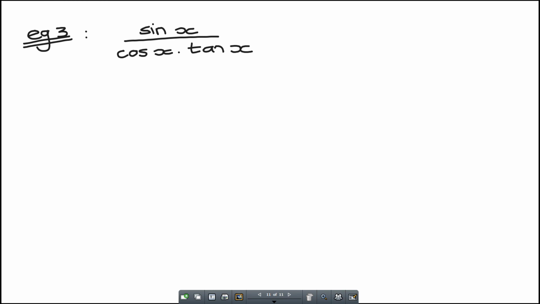Okay, weer net vereenvoudig. Wie wil raai? Okay, wat is ons eerste stap nou weer? Verander na sin en kos. Okay. So hoe gaan hy dan lyk? What will it then look like? Wil julle hom gou self probeer?